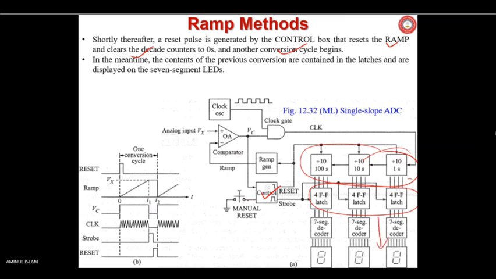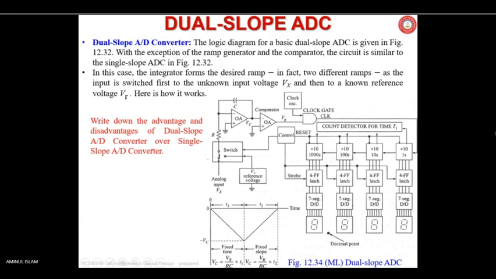Then immediately, this control logic will send a reset and another conversion will be started. It is 0, and all are 0, and start. But the previous digital value will be available here to drive the LEDs.